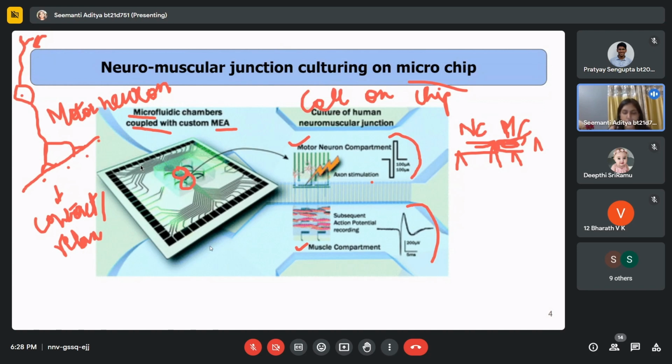It's expensive and we have to maintain it, because these chips are so small you cannot see them with your naked eyes, and they can easily get contaminated with dust or with bacterial cells. Even when they are making these chips, they have to be made in sterilized conditions, in a hood and all those things. So those who work with this chip system have to be really careful.